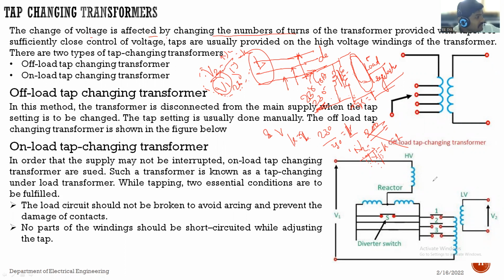How can we change it? Consider this is the core, and this is the winding wound on that core. Is it possible to change the turns here? Suppose there are 10 turns and I require less voltage, so that I want to use 8 turns or 5 turns. If I want to use 5 turns, then a sufficient point is required to make the connection at 5 turns.